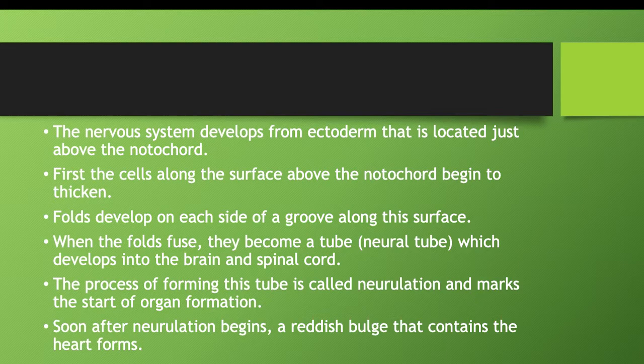Soon after neurulation begins, a reddish bulge that contains the heart forms. So if we think about it, the very first body system to be created is the nervous system. And once our nervous system happens through neurulation, that will start to create your heart.